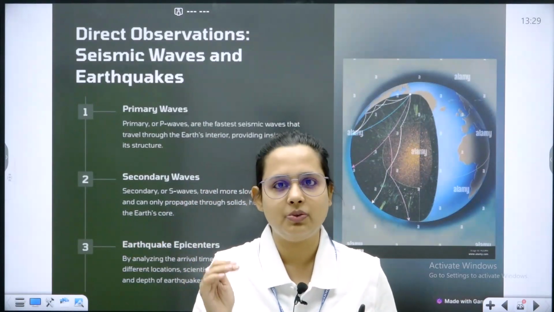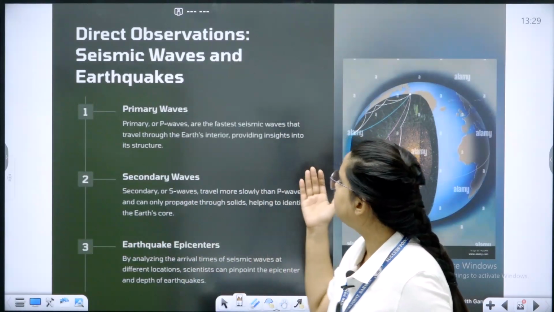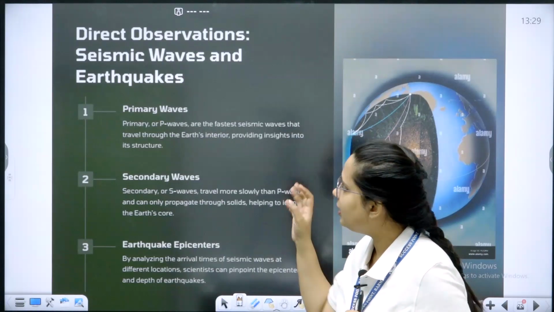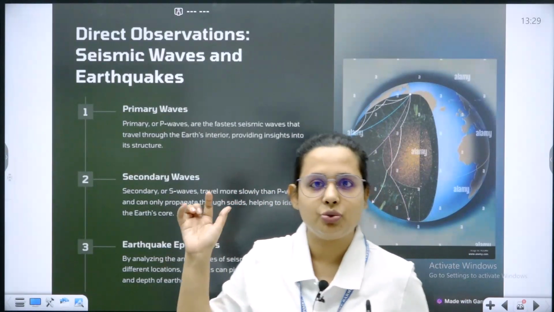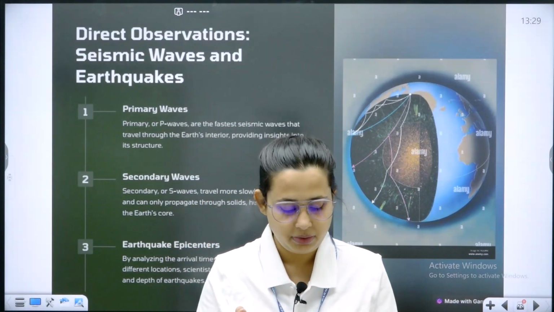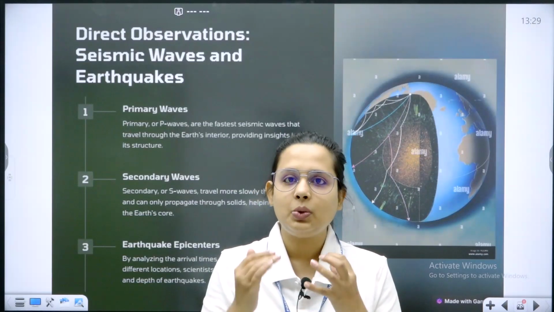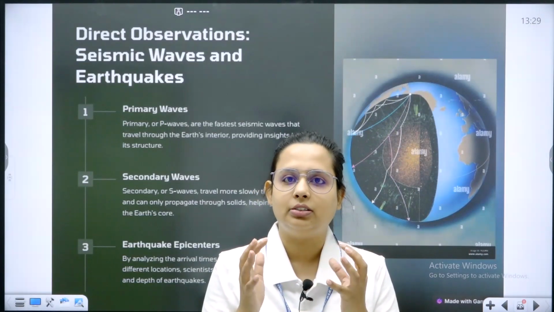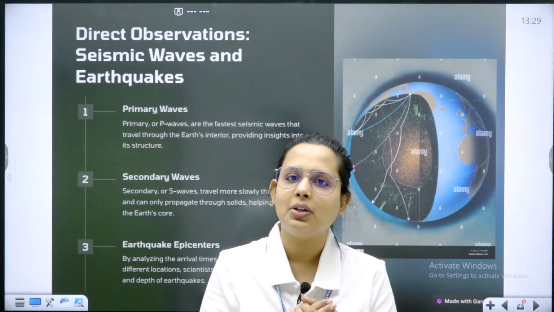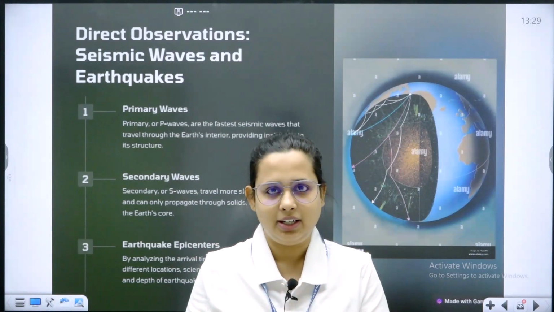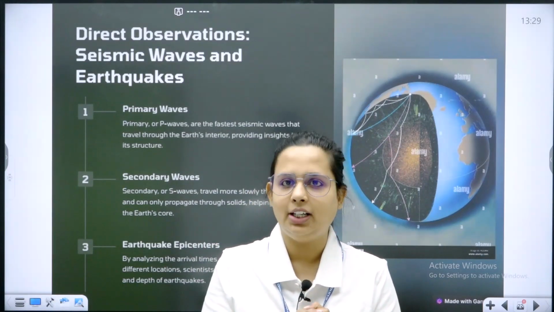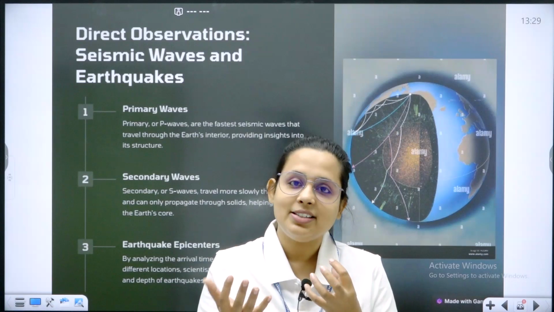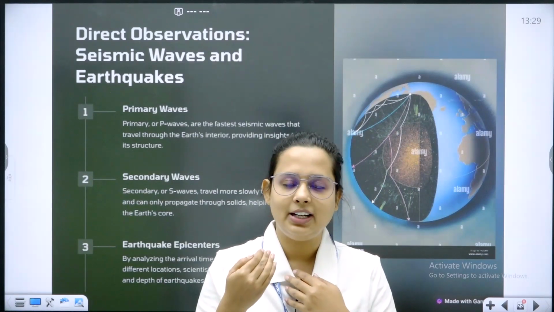That's a direct observation. Now, to understand the direct sources of the interior of the Earth, we have to understand earthquakes. What is an earthquake? An earthquake is nothing but trembling or shaking of the Earth, and that is something that is directly observed.